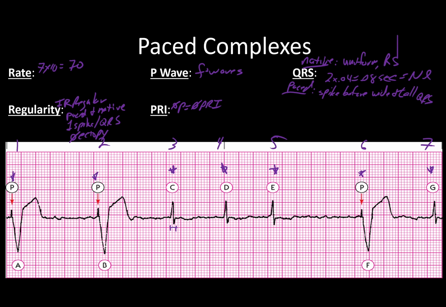In fact, they have a completely different pattern compared to the native beats. Sorry, I misspoke. It has a QS pattern where it goes really deep and then comes back up.